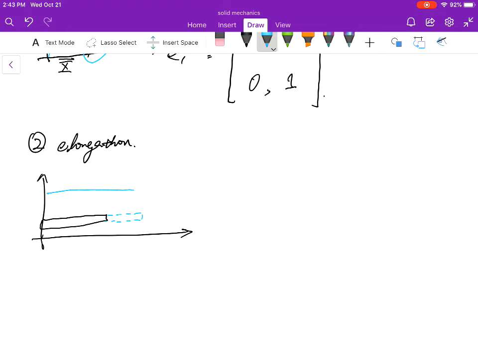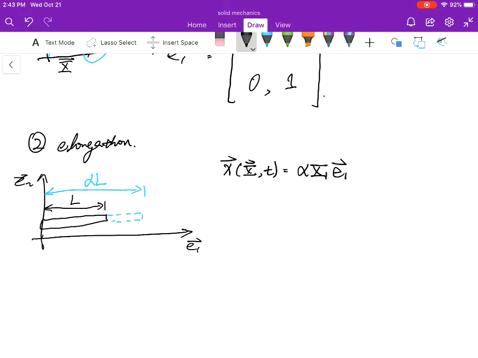Let's say the deformed length is alpha L, and the undeformed length is L. In this case, we can write the x vector as alpha X1 along the E1 direction, plus, because along E2 nothing changes, the same as before, and that's simply it.